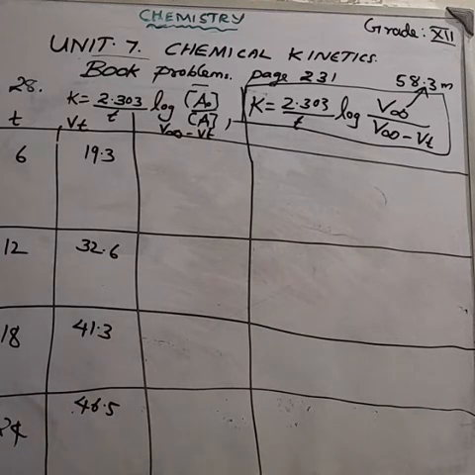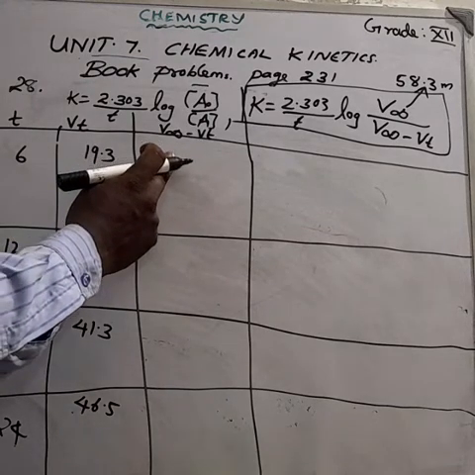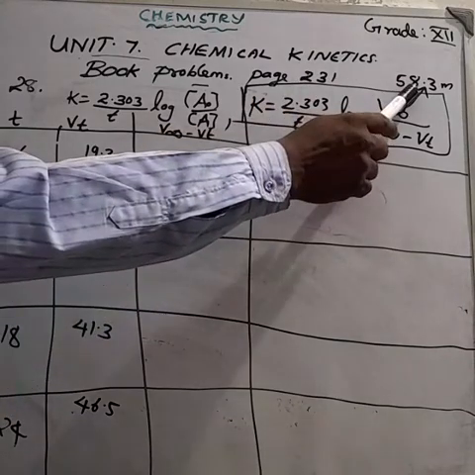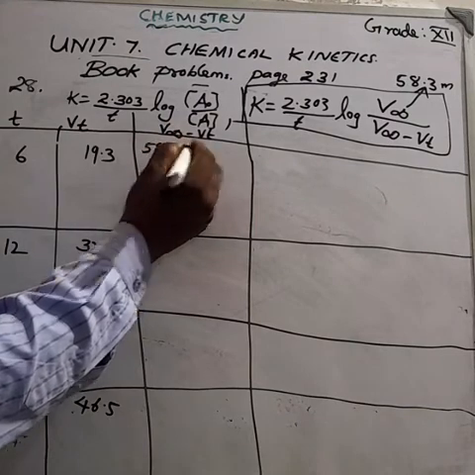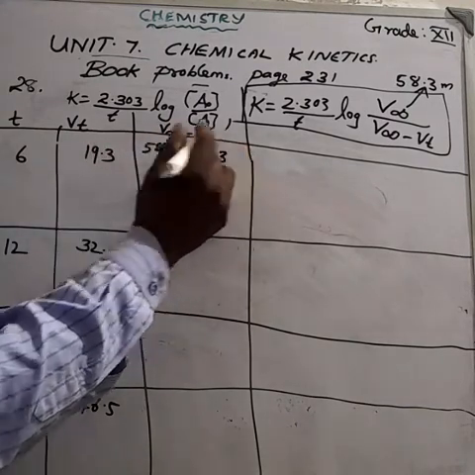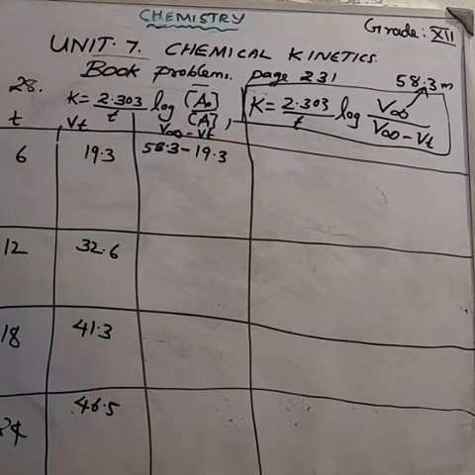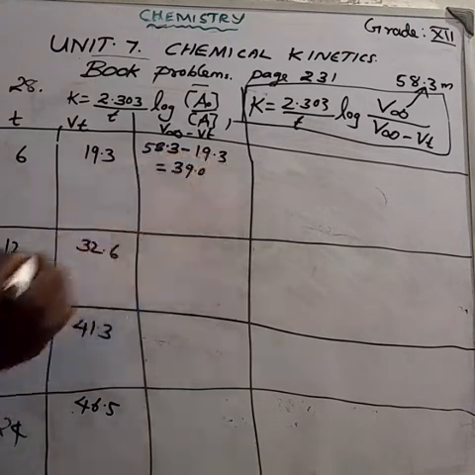Next column, V infinity minus Vt. We know the V infinity value is 58.3. For 6 minutes, Vt value is 19.3. Writing 58.3 minus 19.3, that is approximately 39.0.